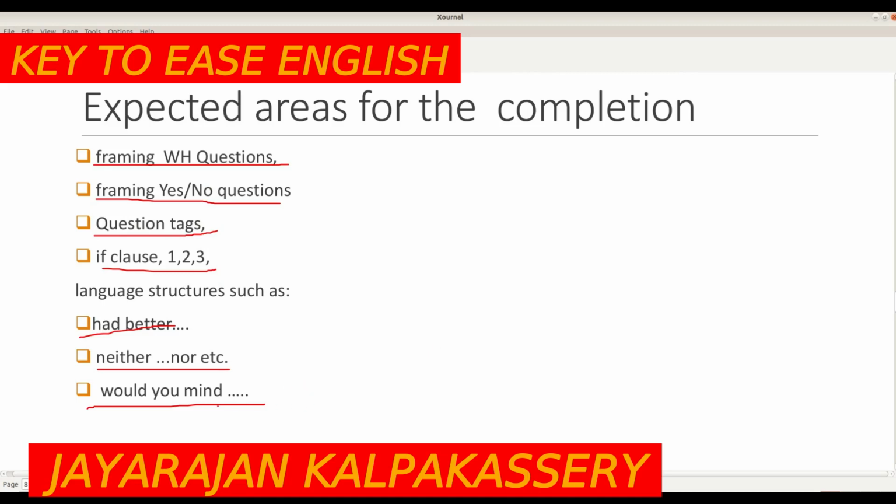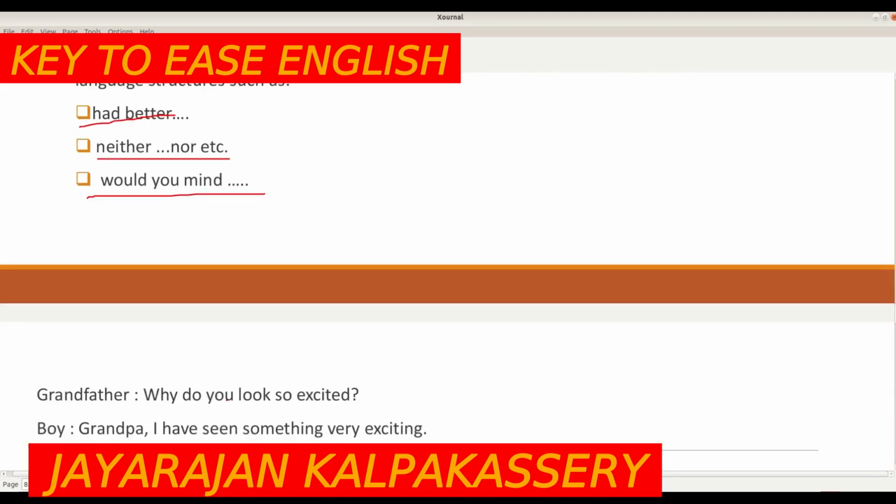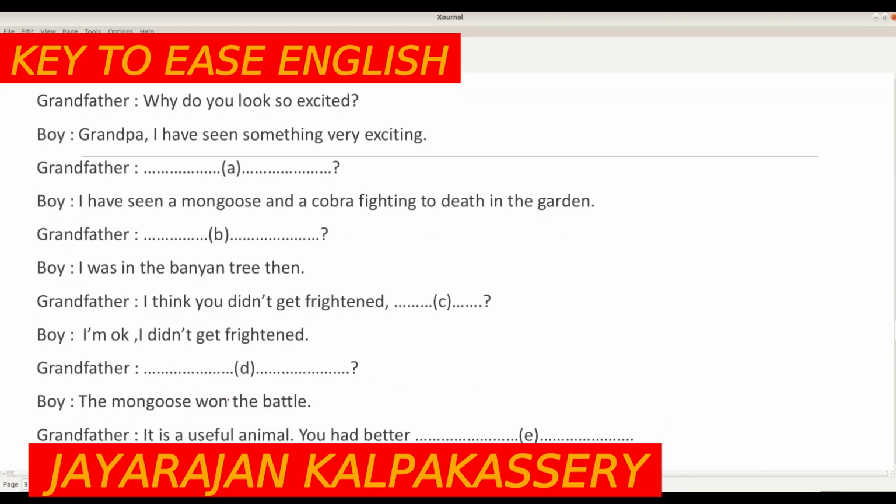Hope you became confident. Then we will check another example here, from the same lesson, same sort of questions, with some slight changes. Why do you look so excited? Grandpa, I have seen something very exciting.